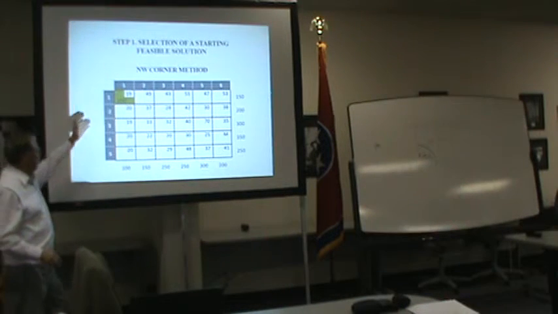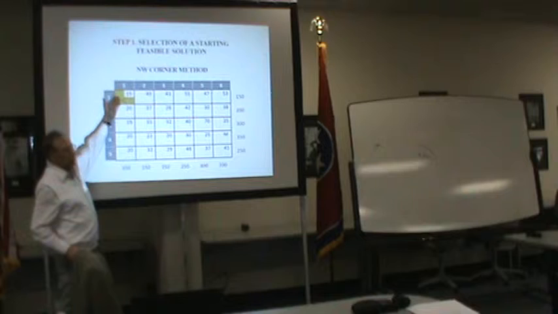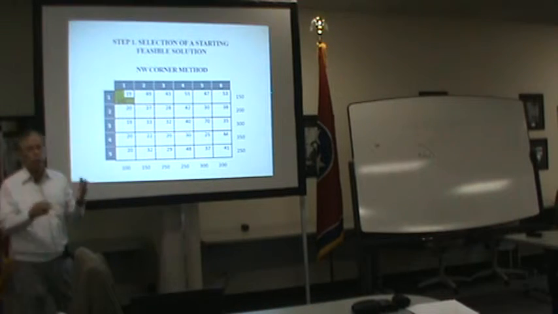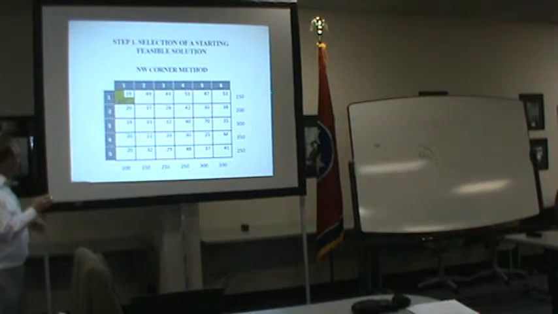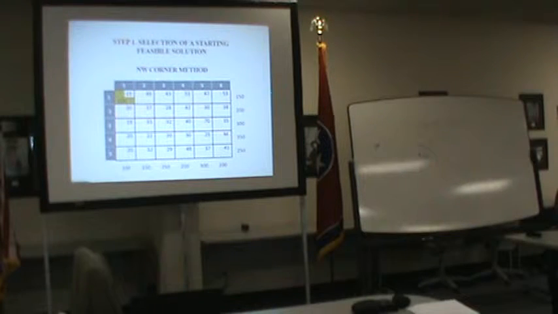Okay, this is the northwest corner method. So I should use this, but I know when I use one that has an M cost, then I will use either this one or this one. Just take the one that is next to it, and continue the same procedure, and in the next one, I will consider the northwest corner as much as possible every time. So you avoid M's by moving to the right or underneath a little bit.